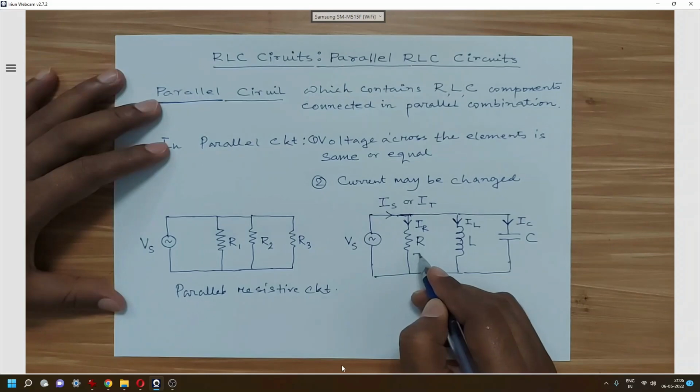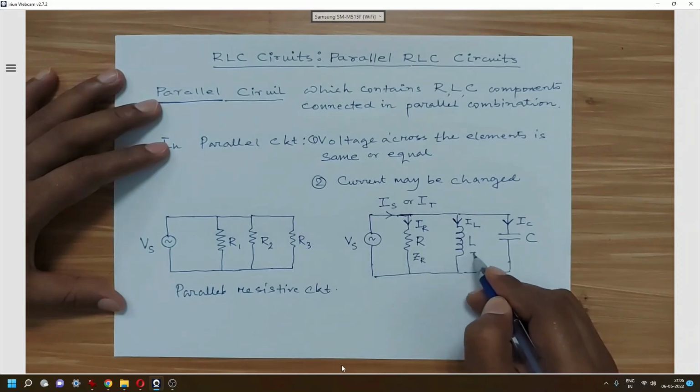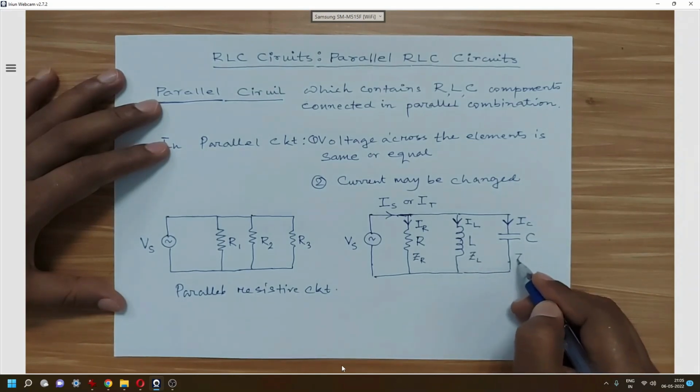So the impedance created by R, say ZR, and impedance created by L, say is ZL, and impedance created by C is ZC.